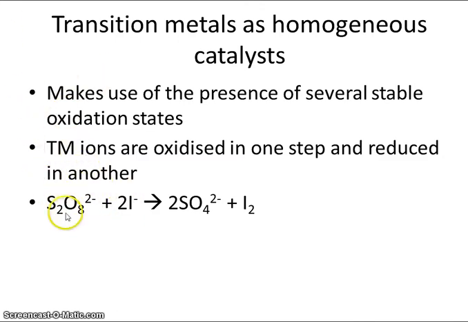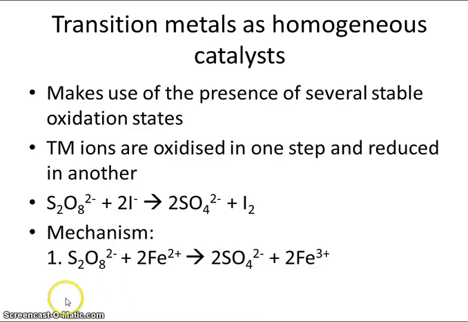Makes sense because of course both those ions are negatively charged. It turns out though that reaction can be catalyzed by Fe2+ ions. How would that work? Well, it would happen by a two-stage mechanism. In the first of those reactions, Fe2+ ions are oxidized to Fe3+ ions. In the process, this peroxodisulfate ion here is reduced to sulfate ions.